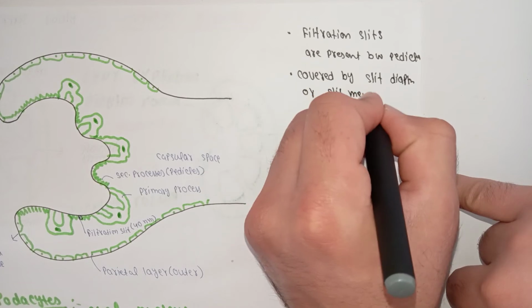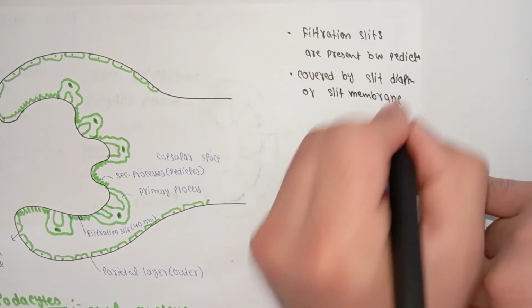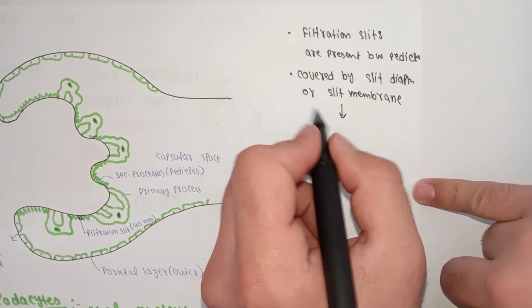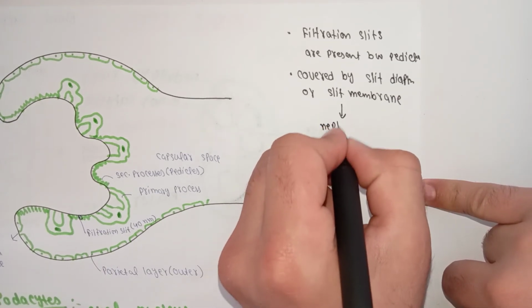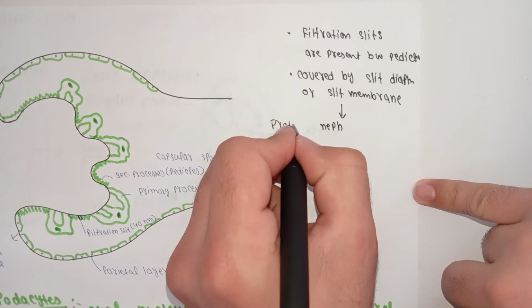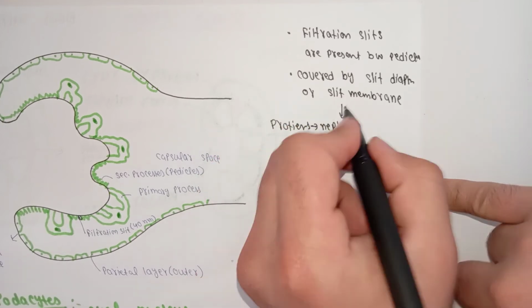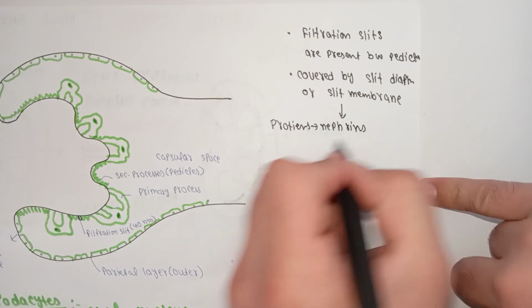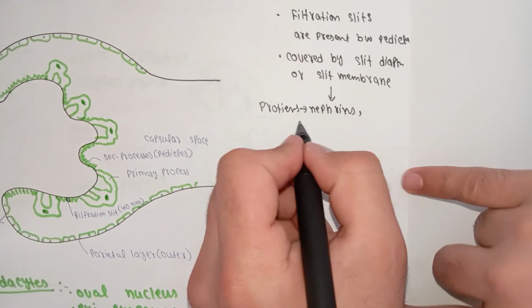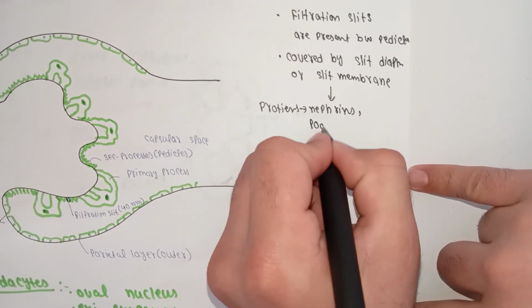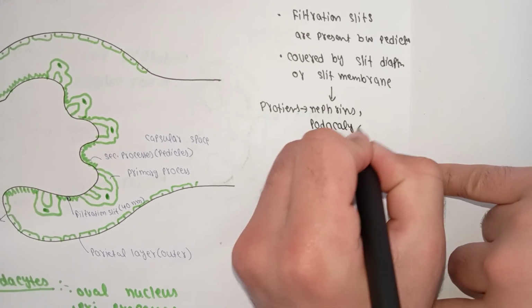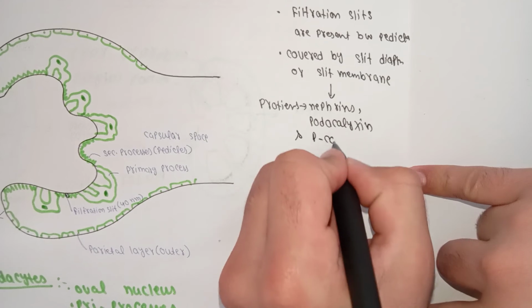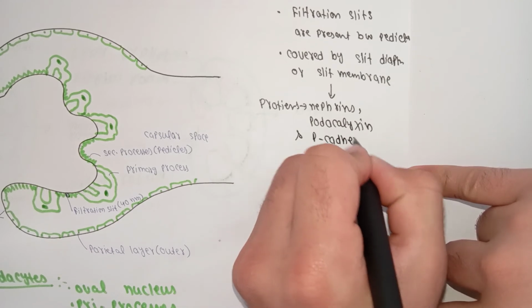These are actually membranes, and the slit membrane consists of different types of proteins, for example nephrins, podocin, and P-cadherins.